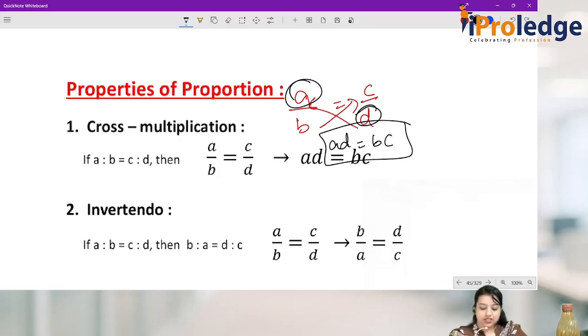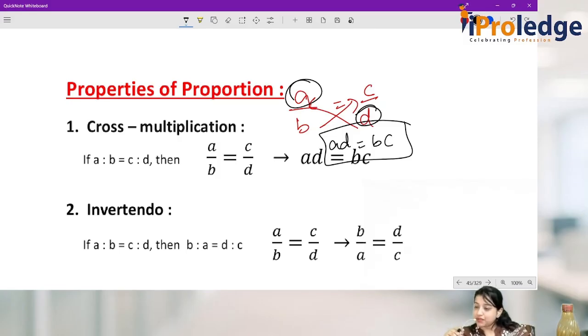In other terms, the product of extremes will be equal to the product of means. It's a very important property, and throughout proportion we are using this. So once again, the product of extremes will be equal to the product of means.